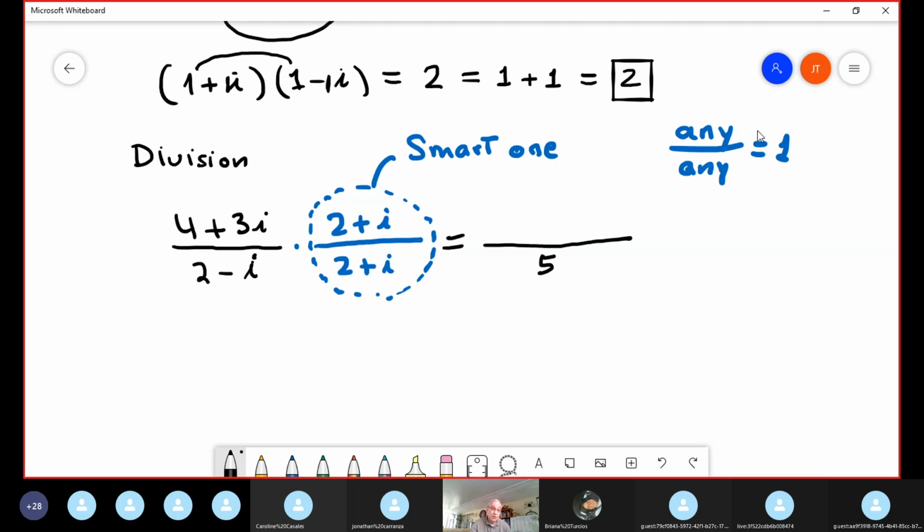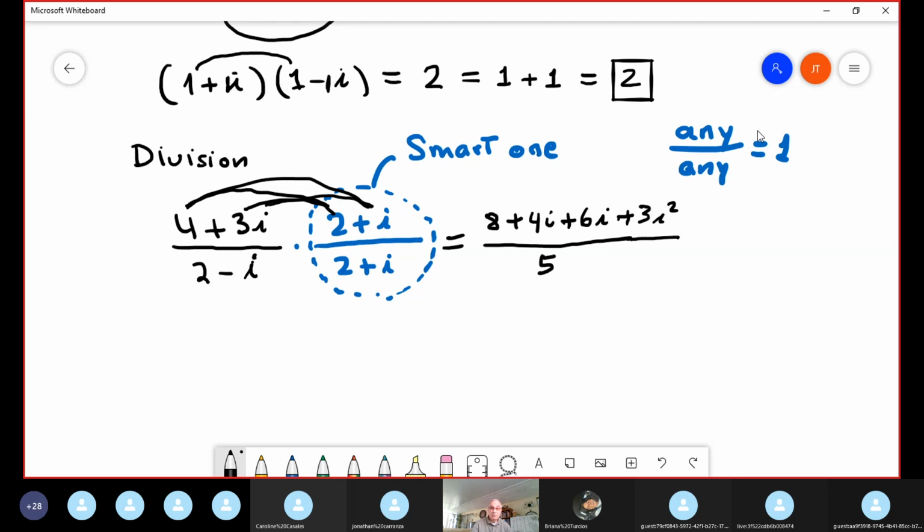And in the top, we can do it by the traditional FOIL because they are not family. So 4 times 2 is 8. 4 times i is 4i. 3i times 2 is 6i. And 3i times i is plus 3i squared.